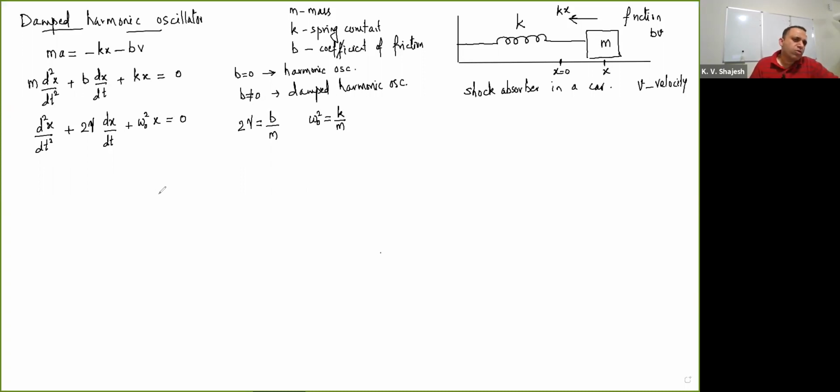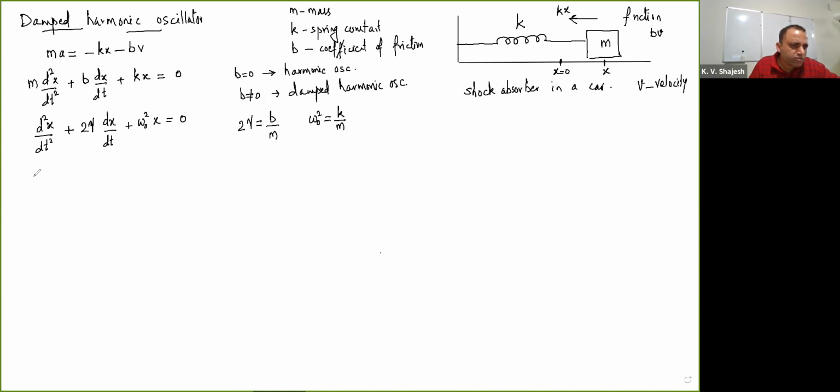How do I figure out the solution for this differential equation? One of the methods to find the solution is that you use an ansatz, you guess the solution. It must be of the form exponential because this is a linear second order differential equation.